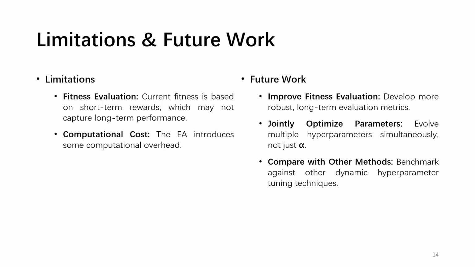For future work, we plan to explore more robust long-term fitness evaluation metrics. We are also interested in jointly optimizing multiple hyperparameters, not just alpha. And finally, we plan to benchmark our approach against other dynamic training methods.